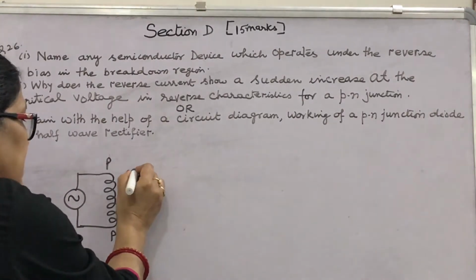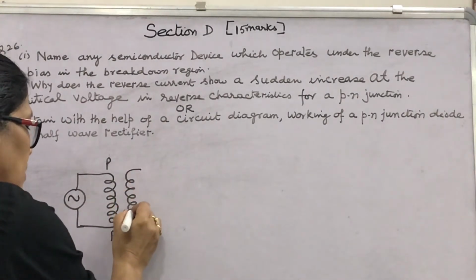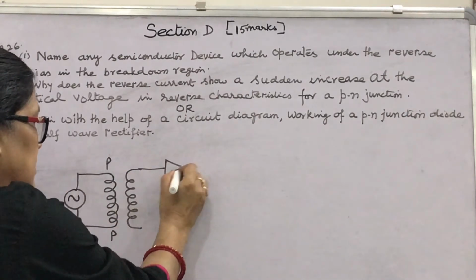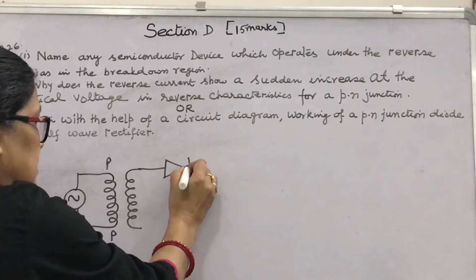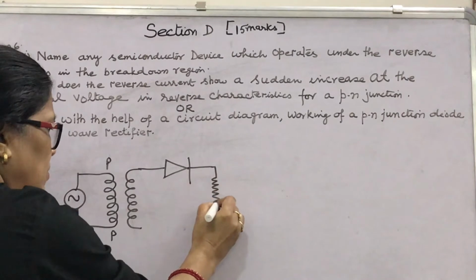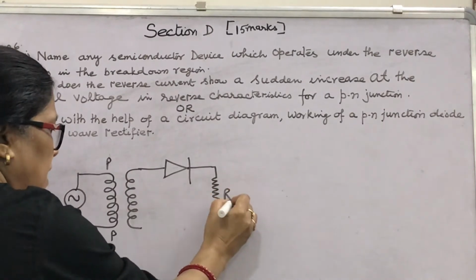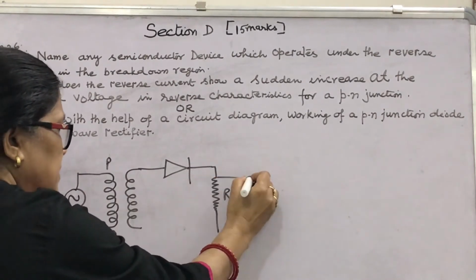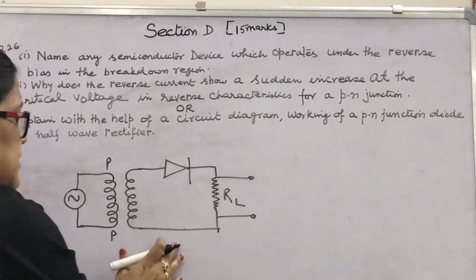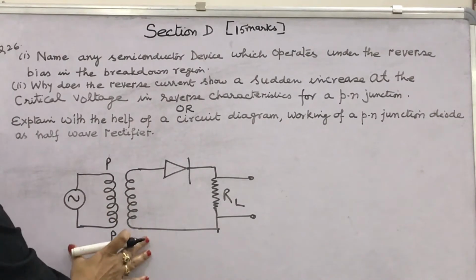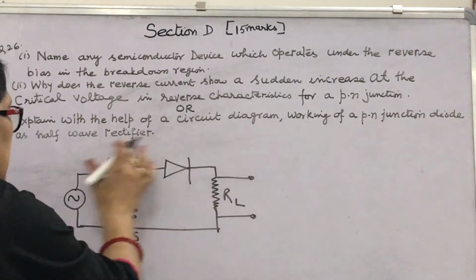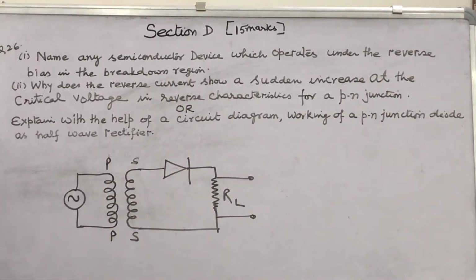In the secondary coil, a PN junction is connected like this. The N side is connected with the load resistance RL, across which the output is obtained. This is the simple circuit diagram of the PN junction used as a half wave rectifier.